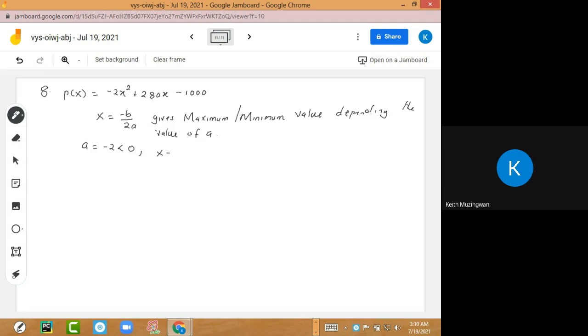So x is equal to negative 280, which is b, over 2 times negative 2, which is negative 280 over negative 4. This is positive, and then we get 70 there. So this is what will give us the maximum profit.